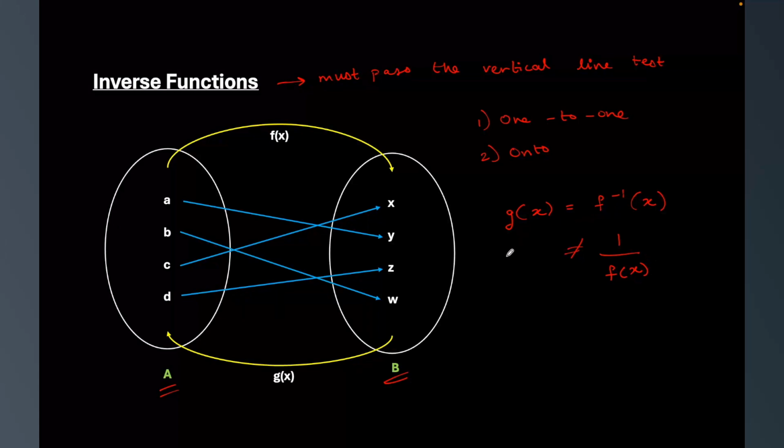I know it's a very silly thing for me to say, but if you are revising this or learning this for the first time, I won't be surprised and I won't blame you if you misinterpret this for 1 over f of x. It's not equal to 1 over f of x. These are just a few basic things. However, I'm sure that you already have learned inverse functions, so let's get started with a quick and easy example question.